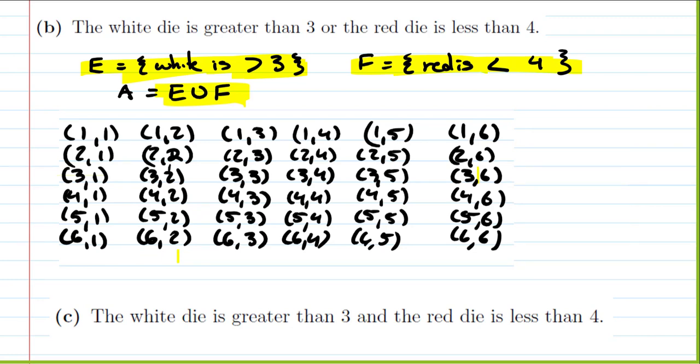Because what was my event E? Let's back up. The white die is bigger than 3. So the white die is the second one, right? So if the white die is bigger than 3, that would have been here, here, and here.